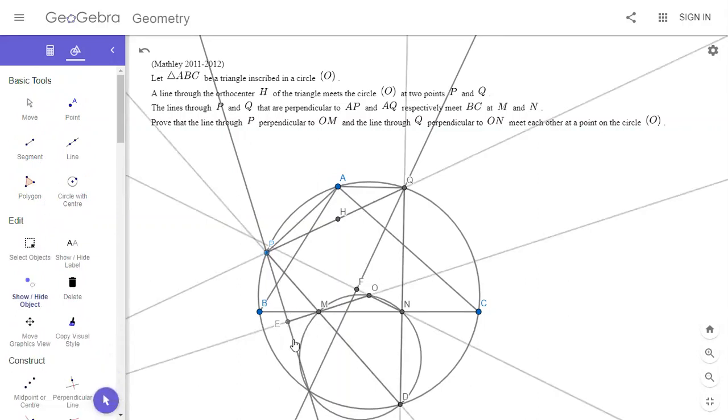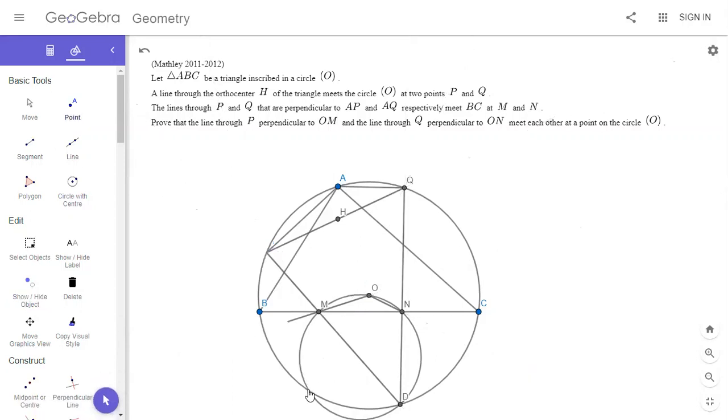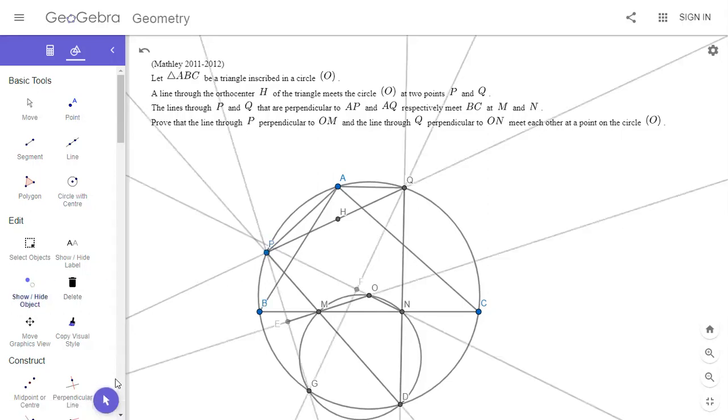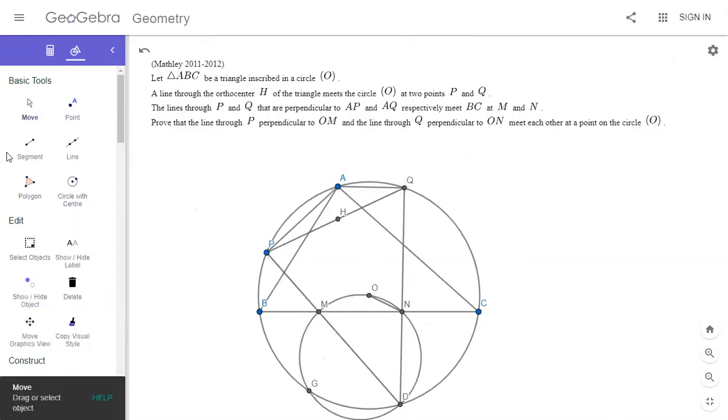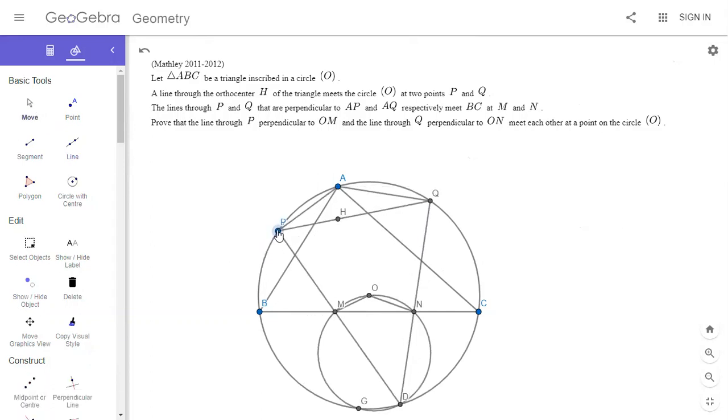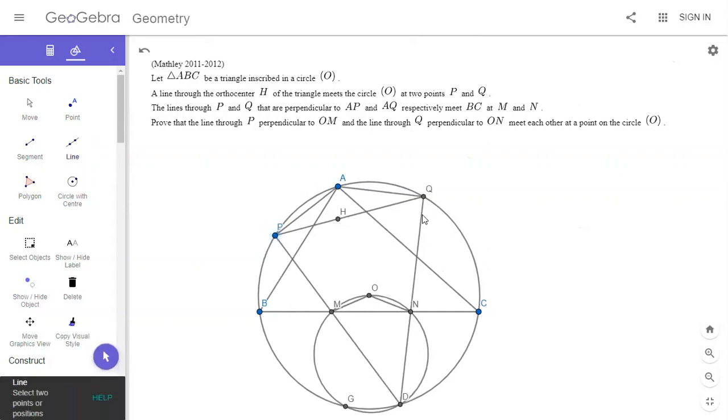Yeah, let me hide E and F. Yeah, they're perspective. Yeah, Desargues. All right. So AQ. Yeah, let's try Desargues here.